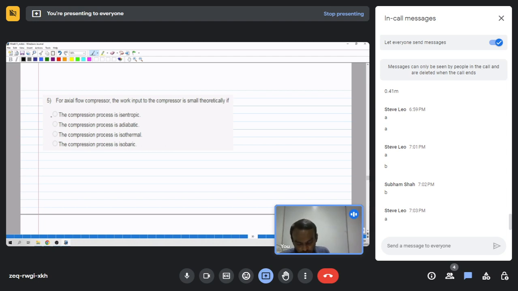A is correct. For isentropic we will have delta S equal to 0; there is no increase in entropy. For adiabatic it means Q is 0. For isothermal, temperature change is 0. Isobaric is not at all possible for a compressor, as there would be no pressure rise.